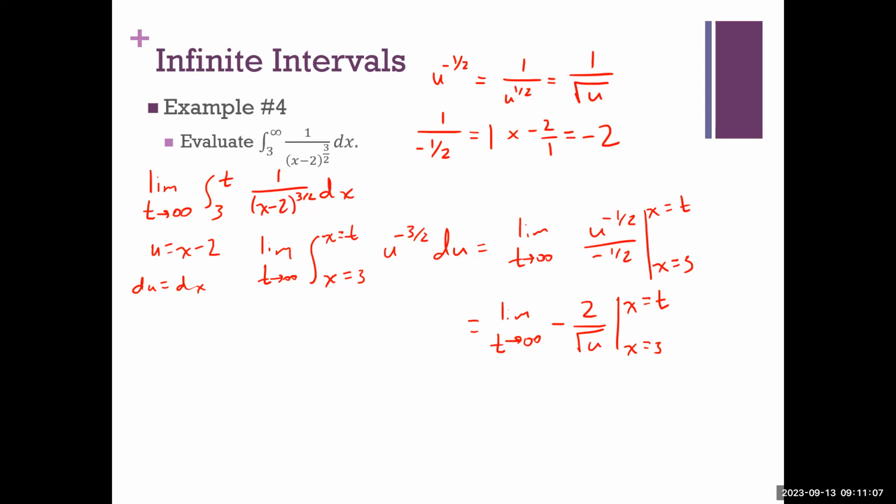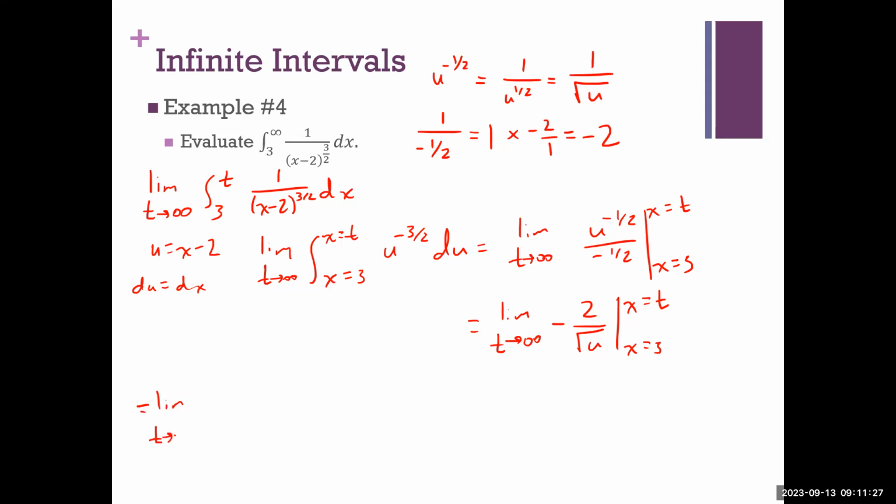Go ahead. Did we have to reset our bounds? We could. That's why I've been writing x equals, to make sure we realize that those are not the bounds we're going to need. So let's take care of that now. What should my bounds become then?